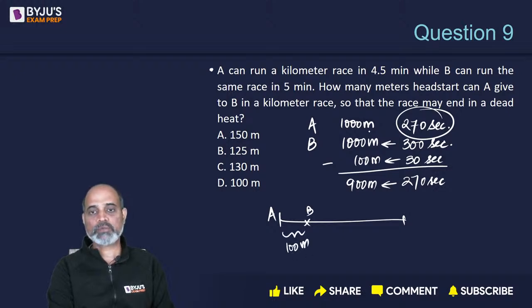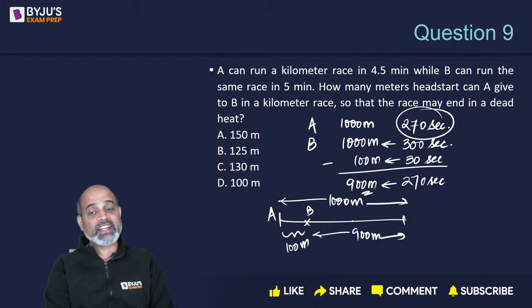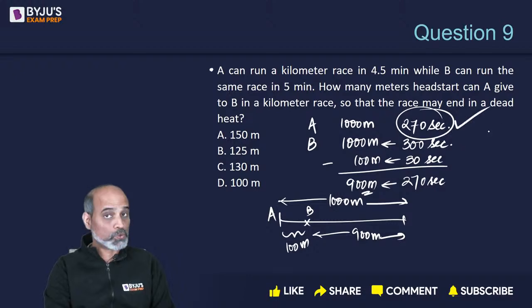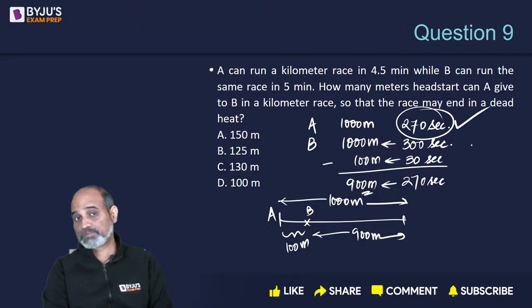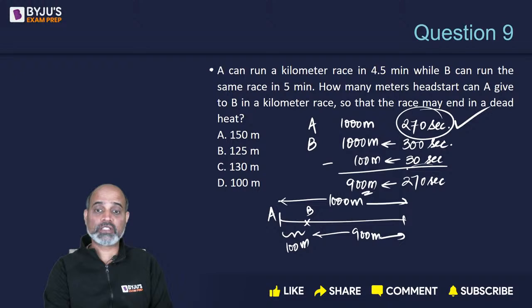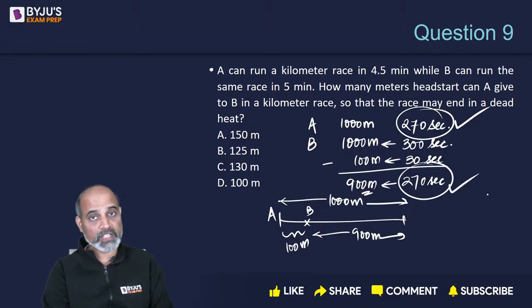How 100 meters? Because A is going to complete the entire 1000 meters, while B is going to cover only the 900 meters. How much time will A take to cover this 1000 meters? 270 seconds. How much time will B take to cover this 900 meters? 270 seconds.